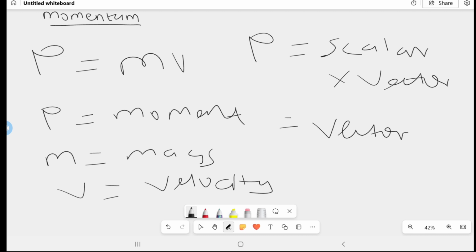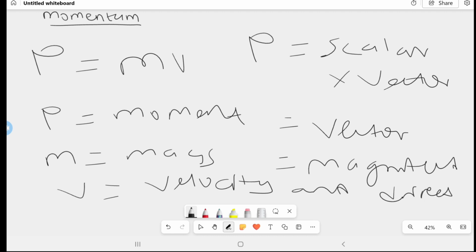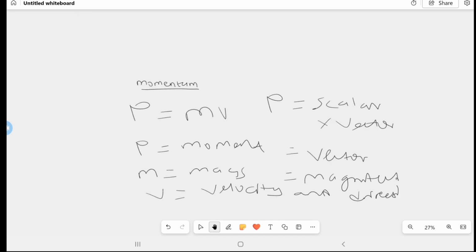It basically means that this momentum we're going to calculate has magnitude and direction. When we say something has magnitude and direction, it's definitely a vector.